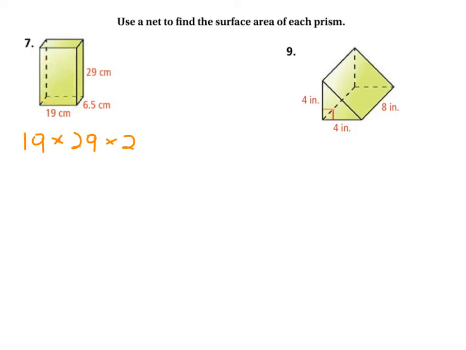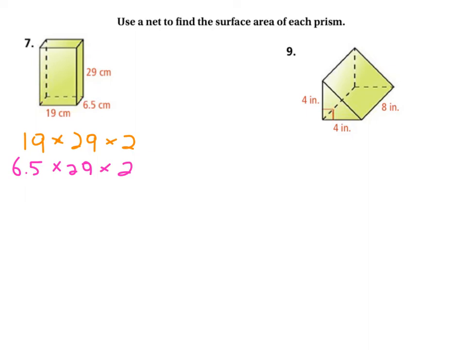Let me erase those marks, and let's do it again. If we had this side surface here in pink, and this other corresponding side surface over here, we would get a 6.5 measure here by a 29 measure here. And of course, we have that twice because it's on 2 sides, so we do it times 2.